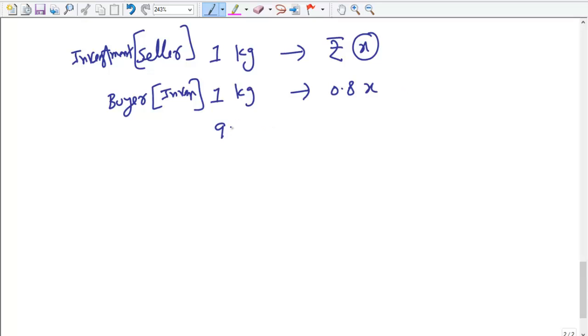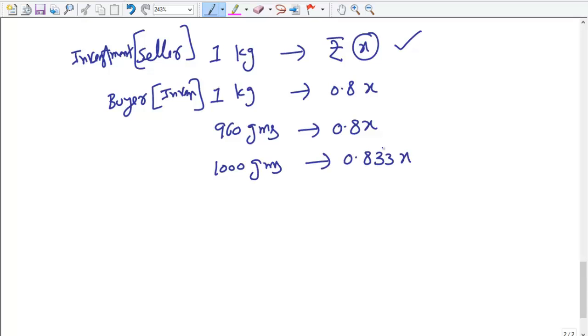He's getting 960 grams. He's paying 0.8x. Since we know that the investment of the seller per kg is rupees x, we need to calculate the return per kg only. So in such a case, 1000 grams return is going to be 0.833x. So obviously x is the investment, the return is 0.833x.